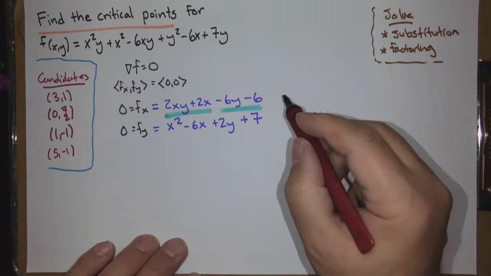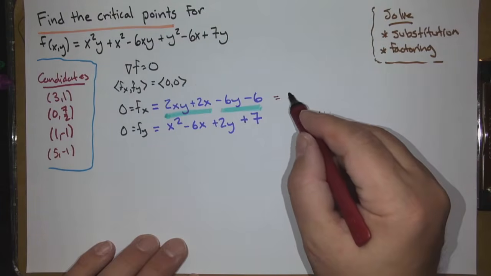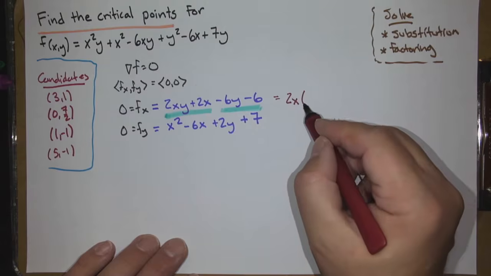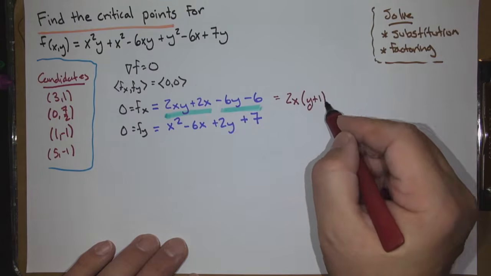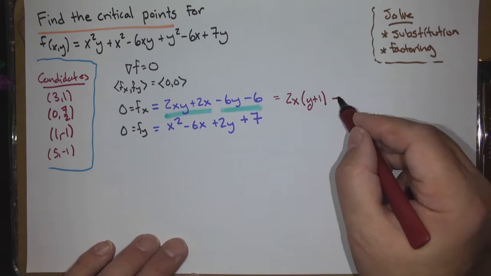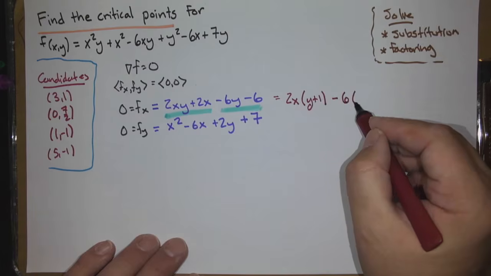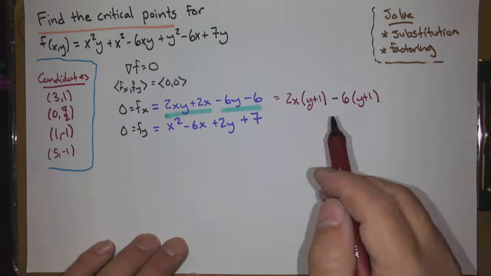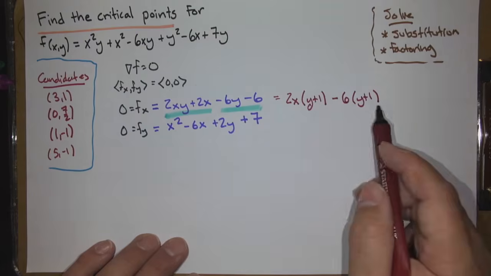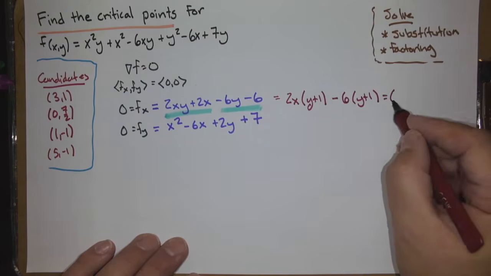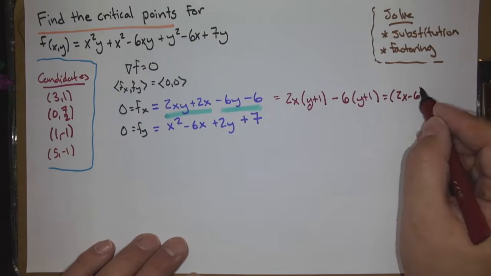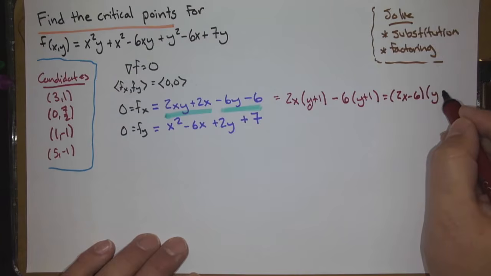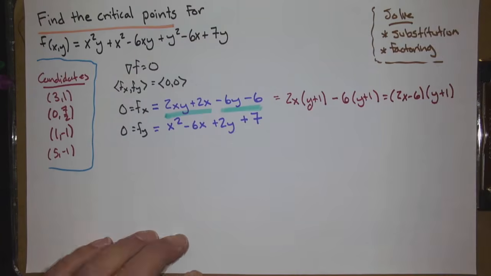From the first part, pull out 2x, leaving y plus 1. From the second part, pull out the minus 6, leaving y plus 1. What do they both have in common? y plus 1. So the first equation factors as 2x minus 6 times y plus 1.